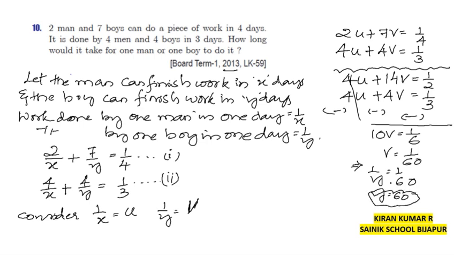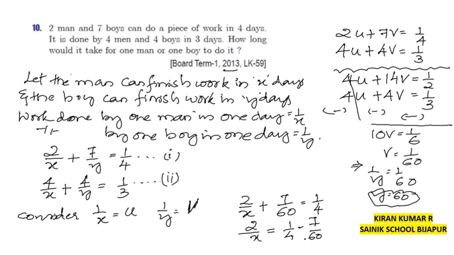Once the value of Y is found, we can find the value of X. So let me take 2 by X plus 7 by Y, which is 7 by 60, equal to 1 by 4. So 2 by X will be equal to 1 by 4 minus 7 by 60. Take the LCM, which will be 60.